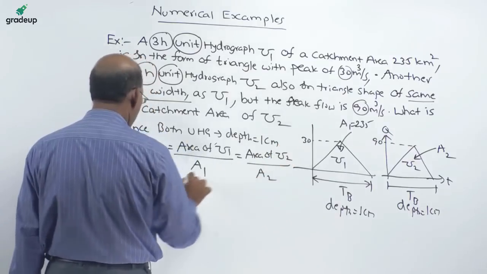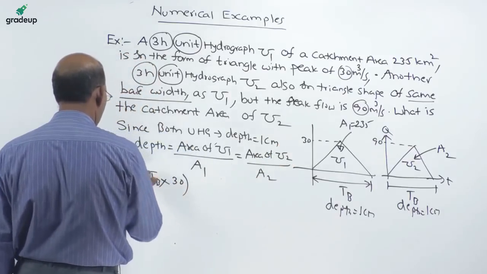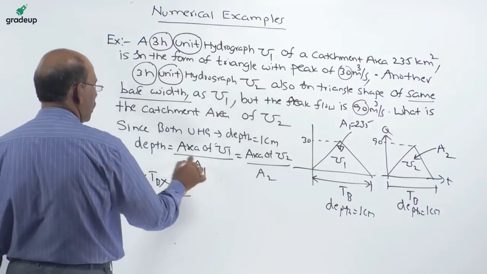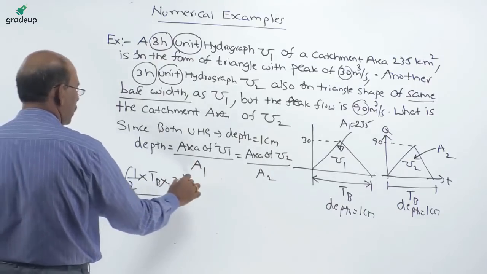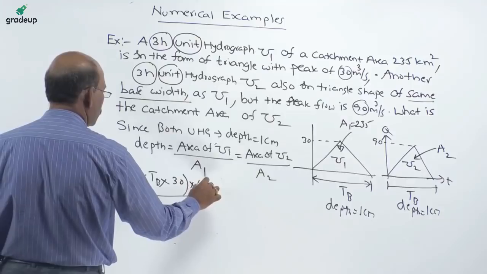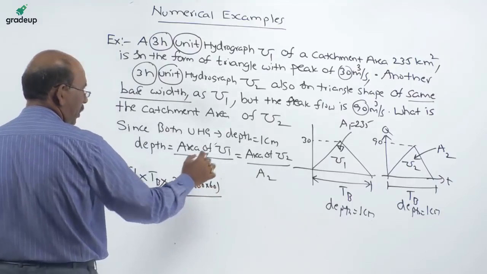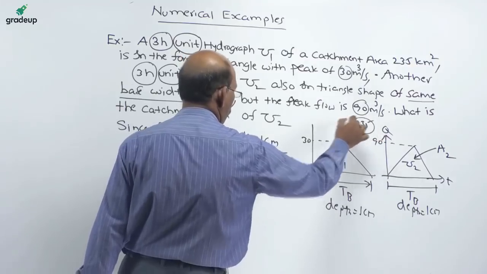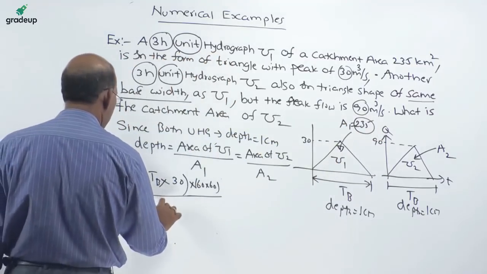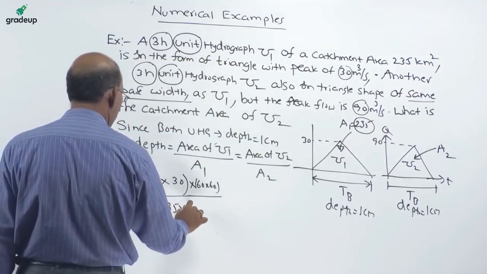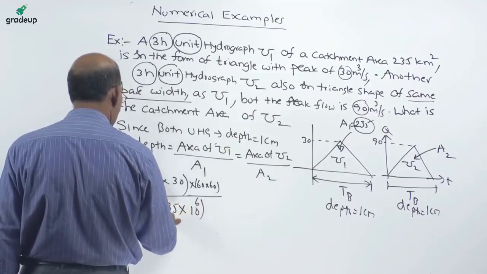Accordingly, the area of U1, half into TB into peak discharge 30, into 60 into 60, divided by A1. A1 is 235 square kilometers, so 235 into 10 power 6.